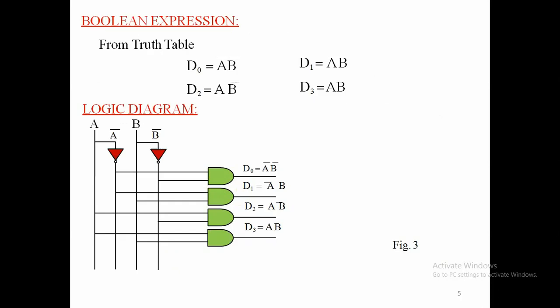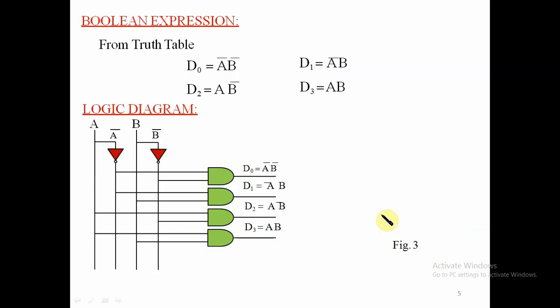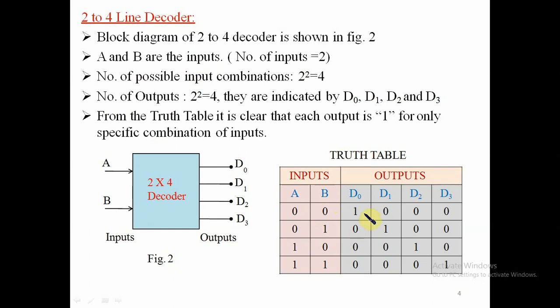For the 2 to 4 line decoder, using the truth table, we prepared the logical diagram. We first prepared the Boolean expressions, and after that, using the Boolean expressions, we prepared the logical diagram. From the truth table, for D0 the inputs are 0, 0, hence we considered A bar, B bar.